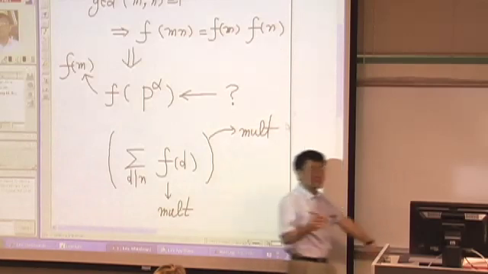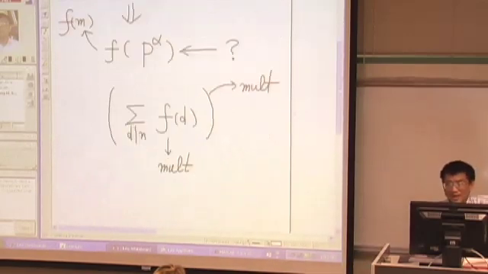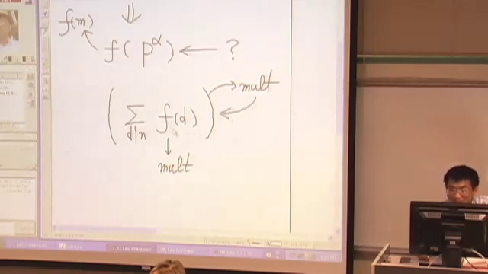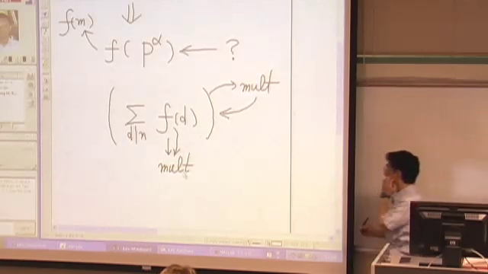Any questions? Then let's do it. And in fact, the other direction is true: if the sum of a function over the divisors is multiplicative, then this individual function f is also multiplicative. This direction will be investigated later.